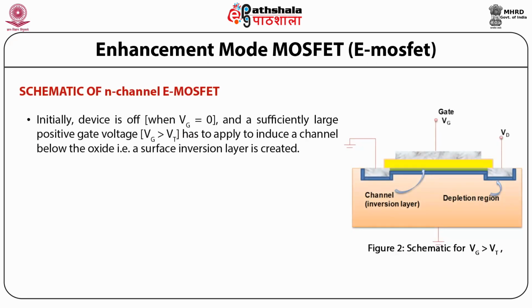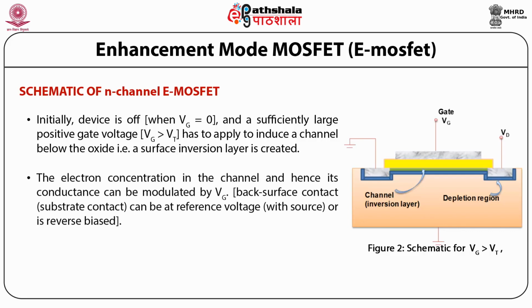Initially the device is off when Vg is 0, and a sufficiently large positive gate voltage greater than Vt has to be applied to induce a channel below the oxide, that is, a surface inversion layer is created, which is clearly shown in this figure.